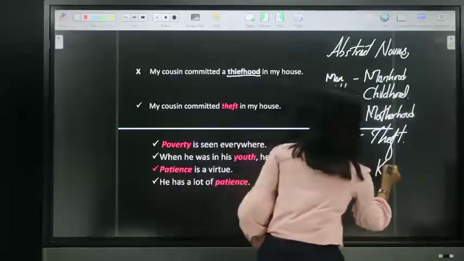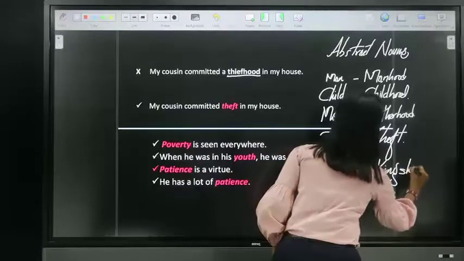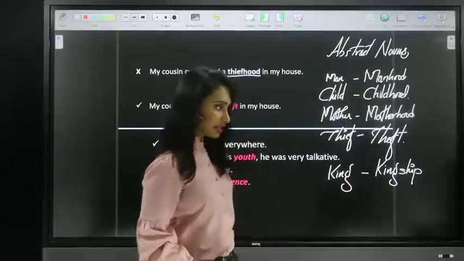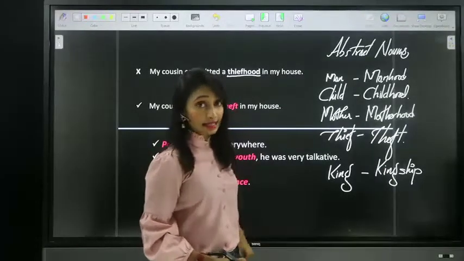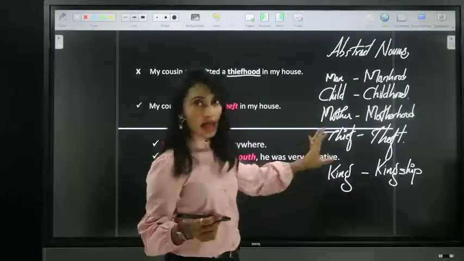So the abstract noun for king is kingship. So it's not kingdom, it is kingship. Kingdom is also a noun, but kingdom is not the actual abstract noun.